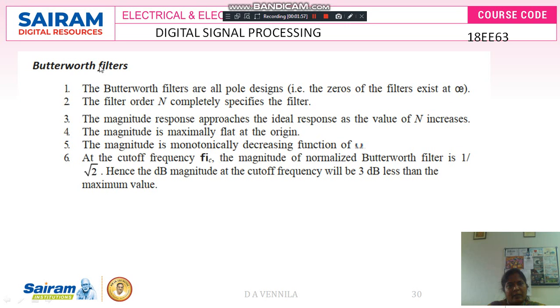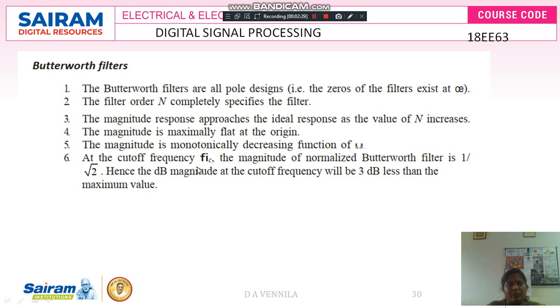In both the Chebyshev as well as the Butterworth filter, as the value of n increases, the response curve will be ideally flat from the origin, where it starts decreasing, and the magnitude is monotonically decreasing as a function of omega. At the cutoff frequency, the magnitude of the normalized Butterworth filter is 1 divided by square root of 2. Hence, the dB magnitude at the cutoff frequency will be 3 dB less than the maximum value.